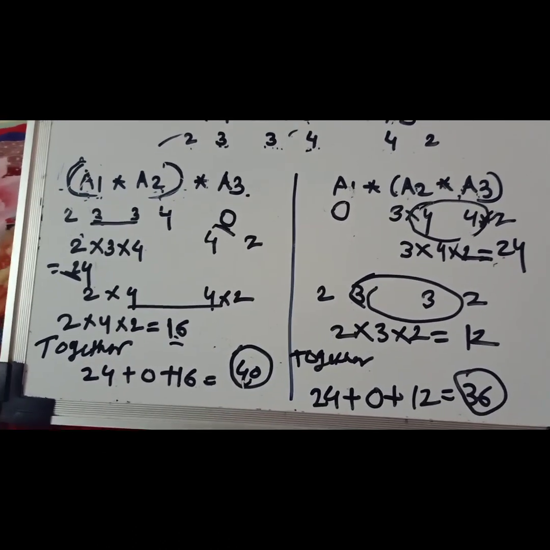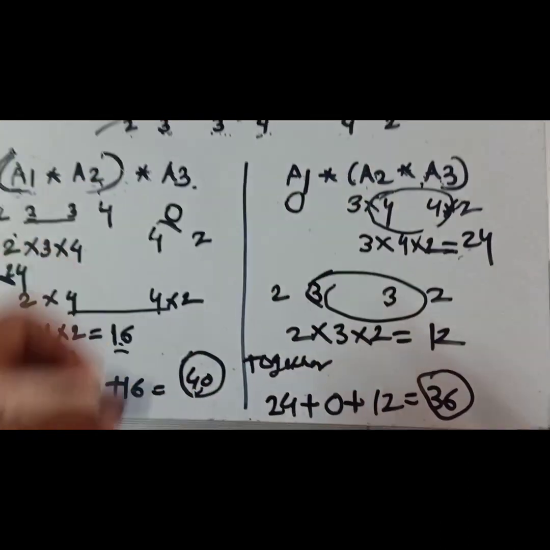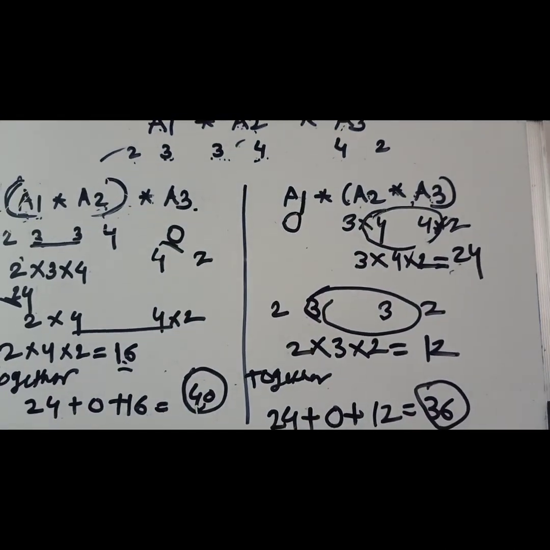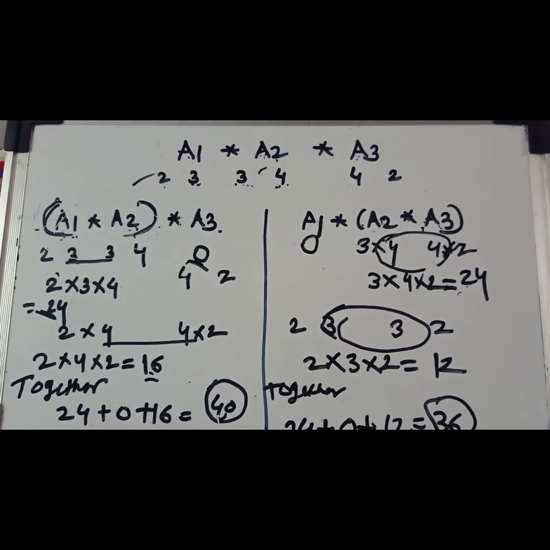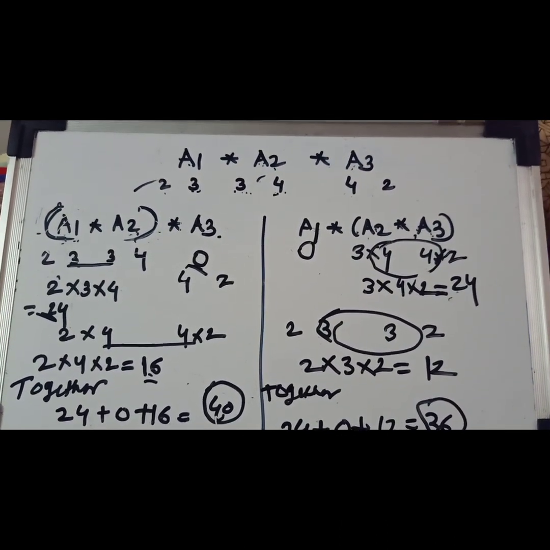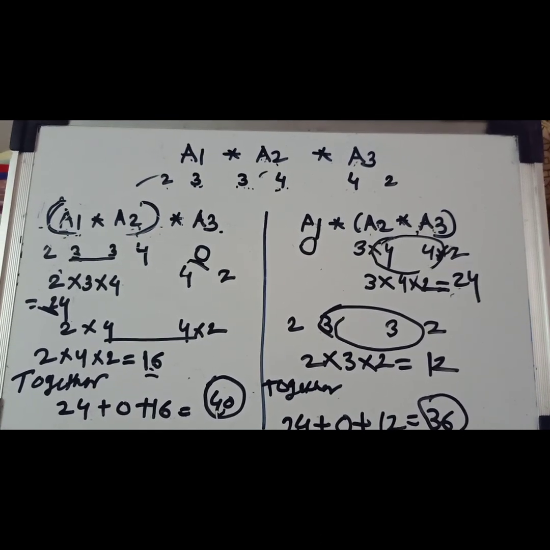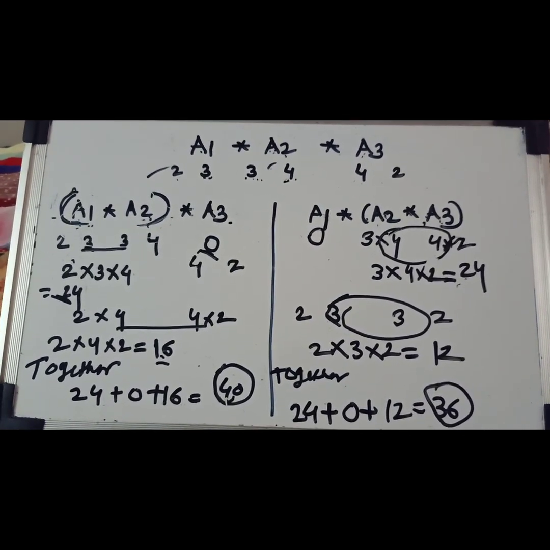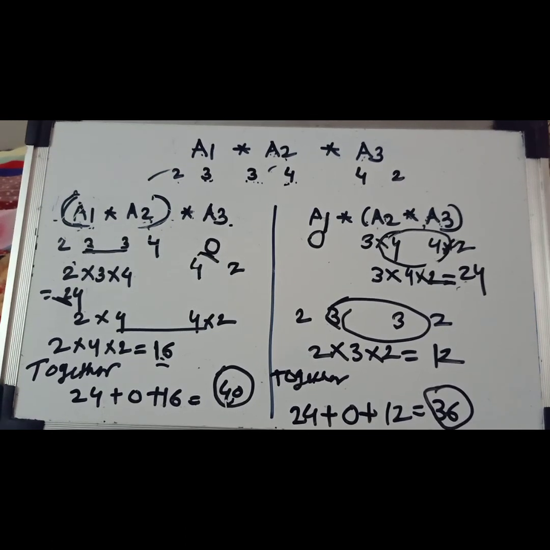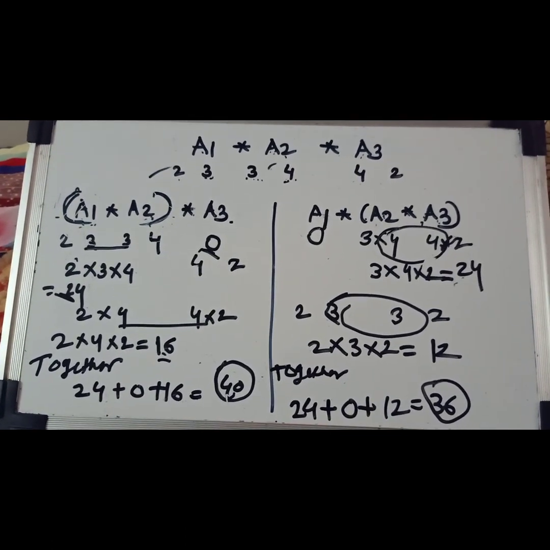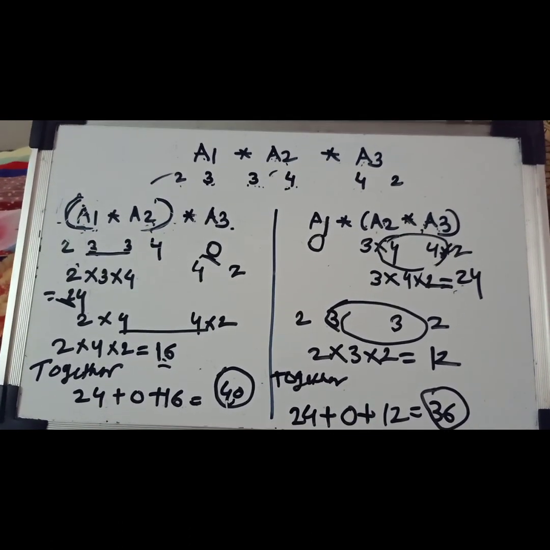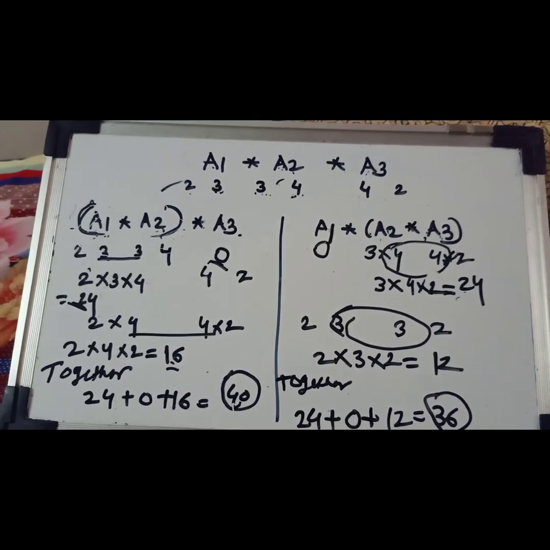So the effective sequence we are getting here is a1 into a2 into a3, where a2 and a3 are in the parenthesis. So simply we can conclude that if you have a chain of matrices for multiplication, first of all find out which multiplication should be performed such that the total effort put in for multiplying is minimized.